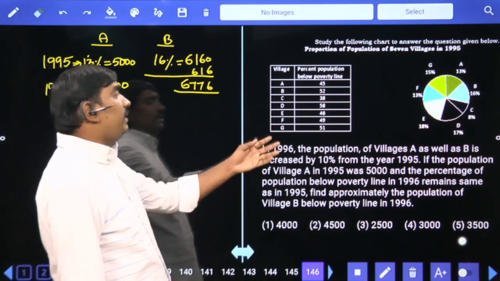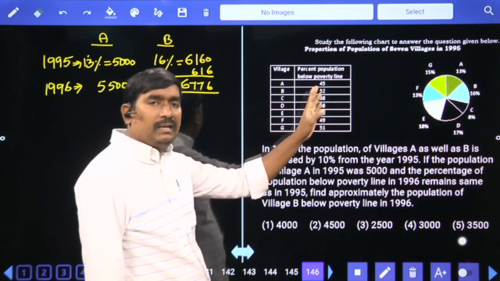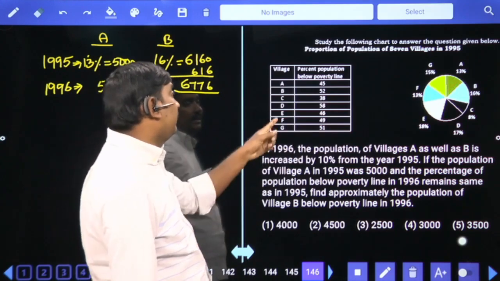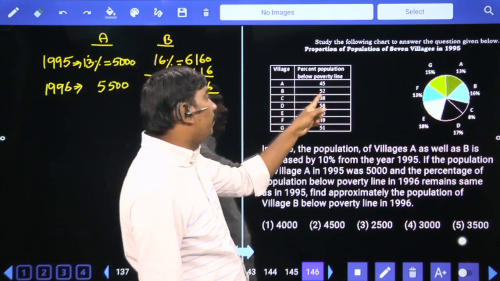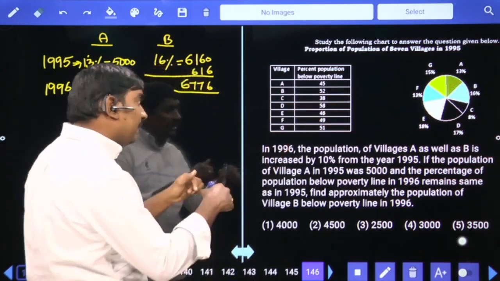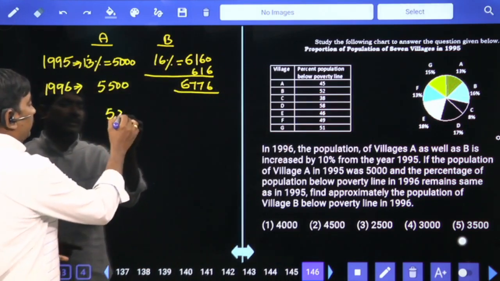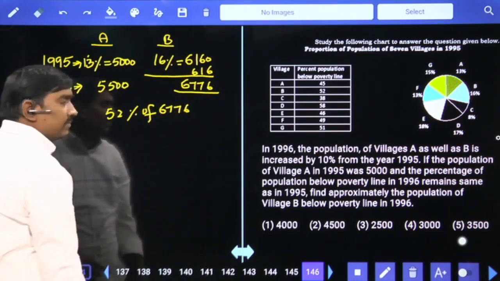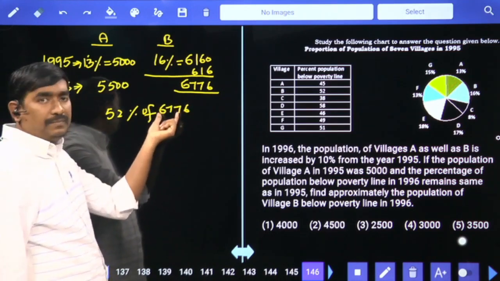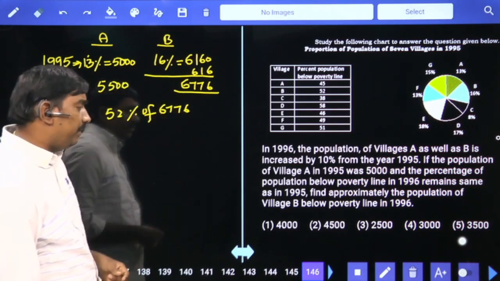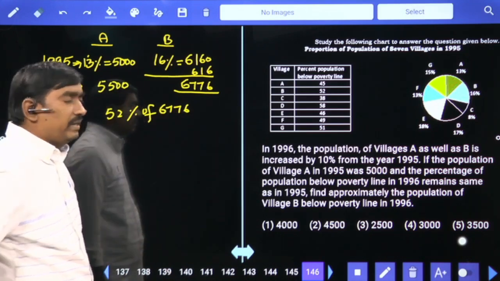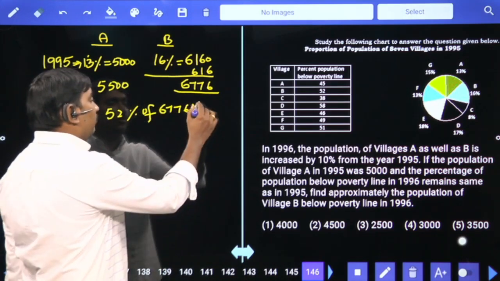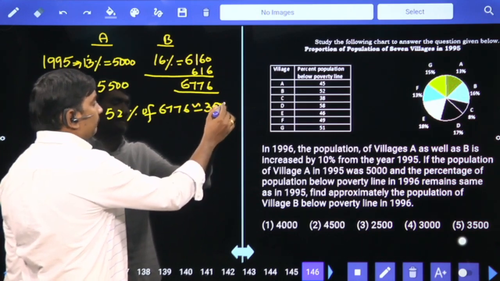As below poverty line is the same in 1995 and 1996, in 1995 village B below poverty line is 52%. So 52% of 6,776. 50% value is half, a little more than 3,350. So our answer is approximately 3,500.